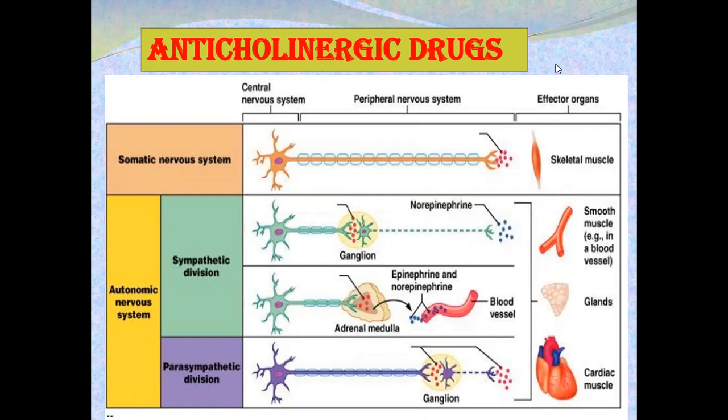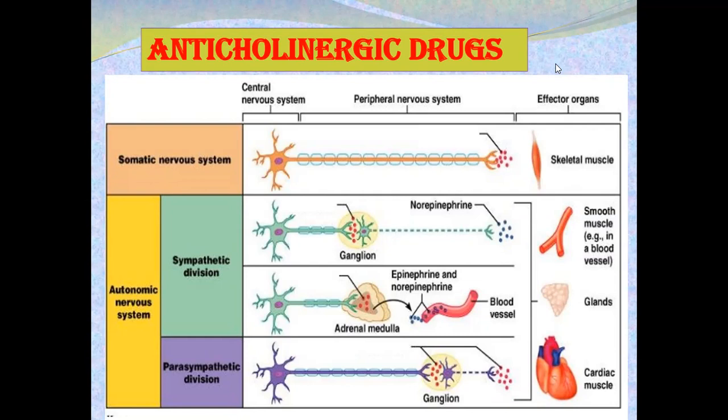As an introduction, you'll see that we have the somatic nervous system, where it involves the cells. You have the central nervous system, you have the peripheral nervous system, and also you have where they work, that is the effector muscles or the effector organs at the point where they work. Then we have the autonomic nervous system, which is divided into two.